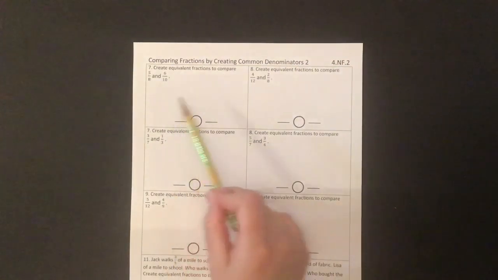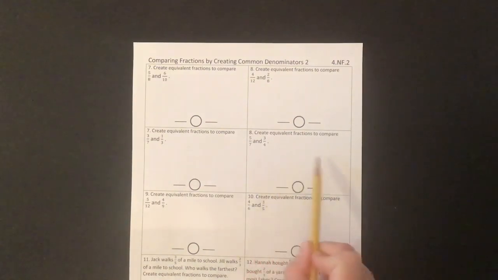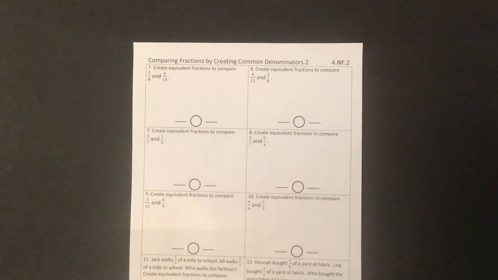So on numbers 7 through 10, and even on the word problems, we'll be creating equivalent fractions. We'll be finding that common denominator and then creating equivalent fractions so that we can compare. So you'll follow the same process here as what you did earlier.